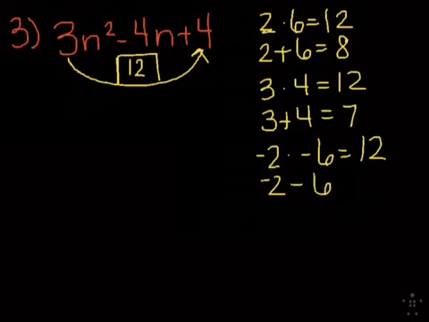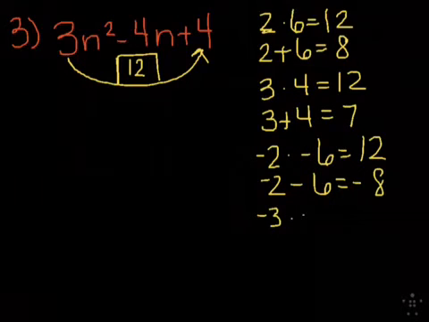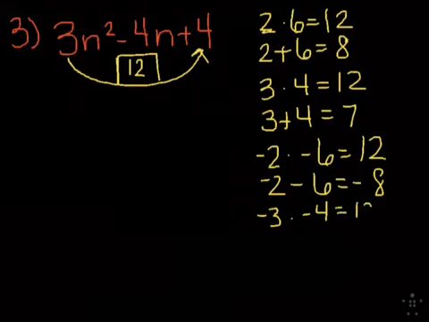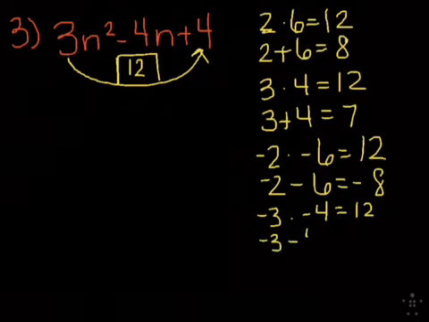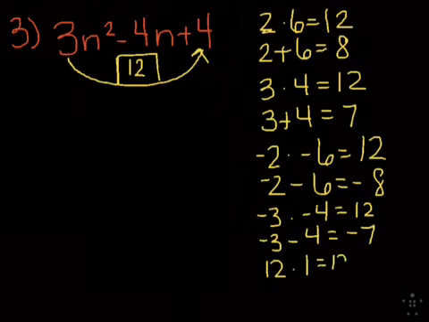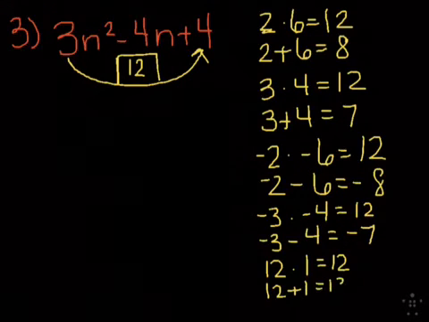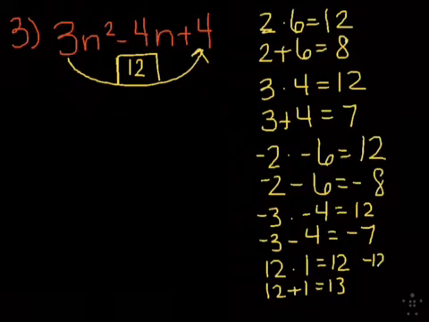Negative 2 minus 6 is negative 8. All right, lastly, let's try negative 3 times negative 4 is 12. Negative 3 minus 4 is negative 7. And then, of course, 12 and 1 is 12. 12 plus 1 is 13. And then the negatives of that.